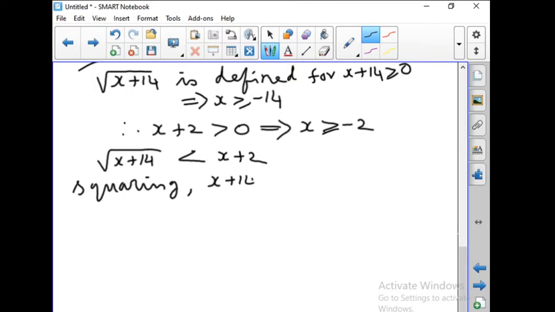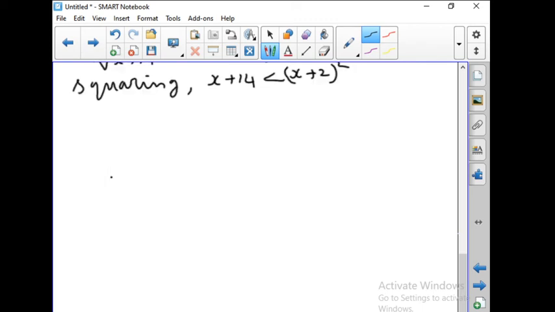So, x + 14 is less than (x + 2) the whole square. So, now what do you get? x + 14 is less than, expand using identity. So, what do you get? x² + 4 + 2x.